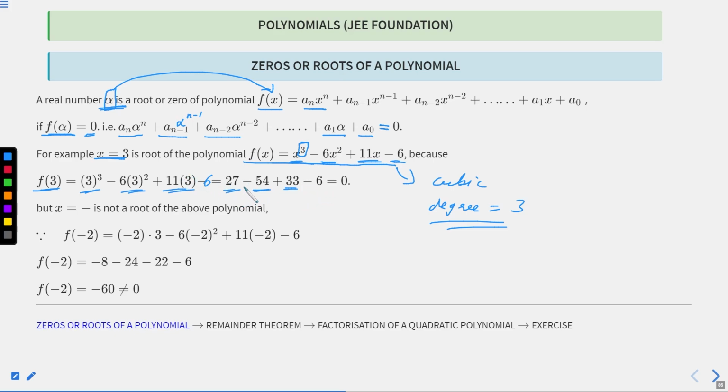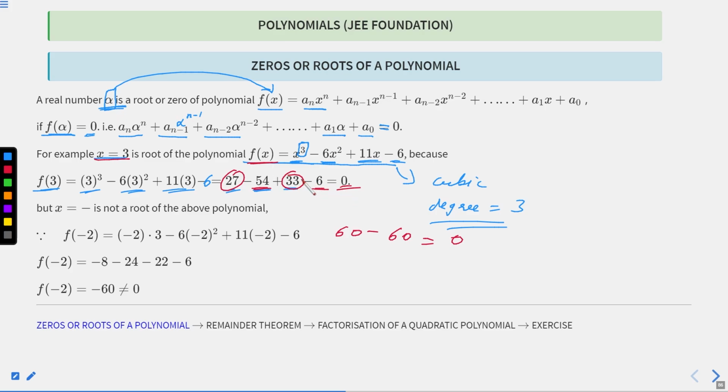Adding 27 and 33, you will get 60, and subtracting 54 and 6 gives minus 60, and finally you will get 0. So by putting x equals 3, you saw that f(x) is equal to 0 for x equals 3.